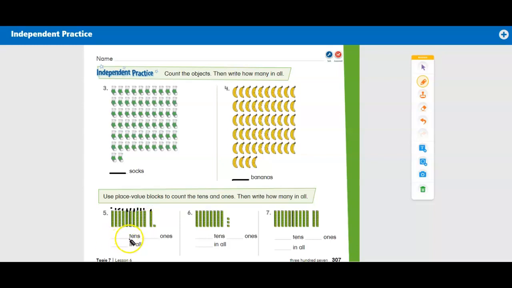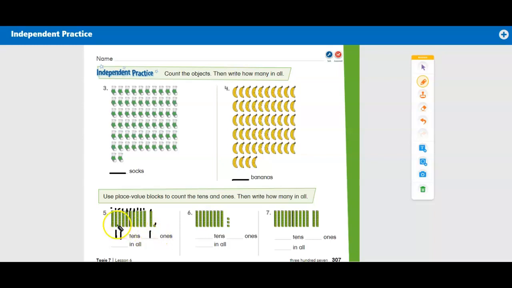So where it says blank tens, we are going to write the number 11 because we are just counting the tens blocks. There are 11 tens blocks. Then there is only one of the ones blocks. So we are going to write 1 ones.